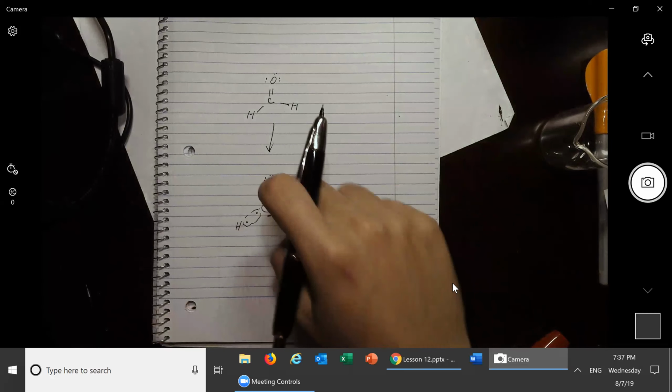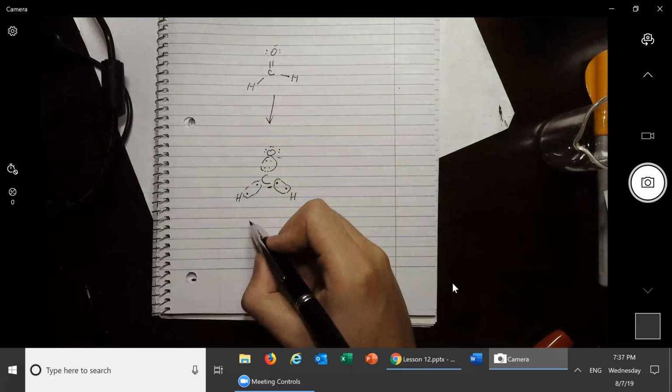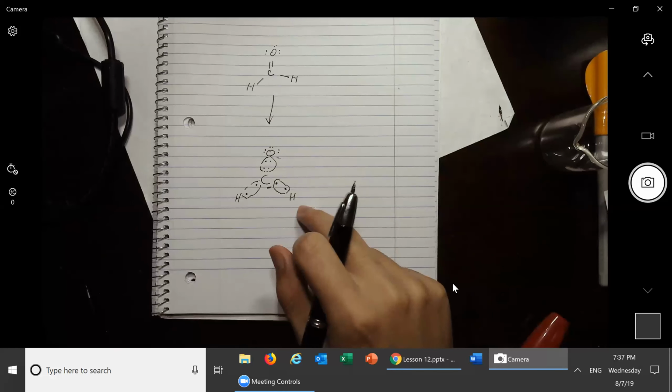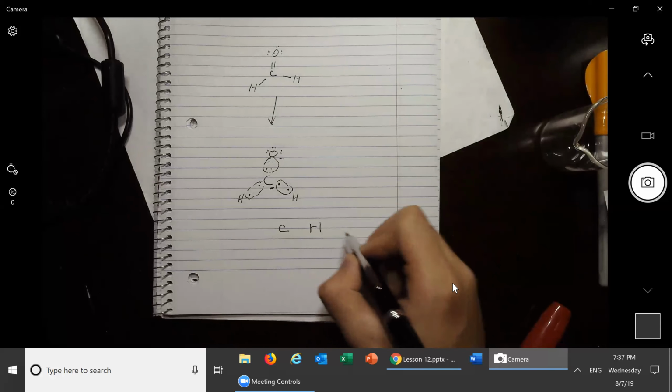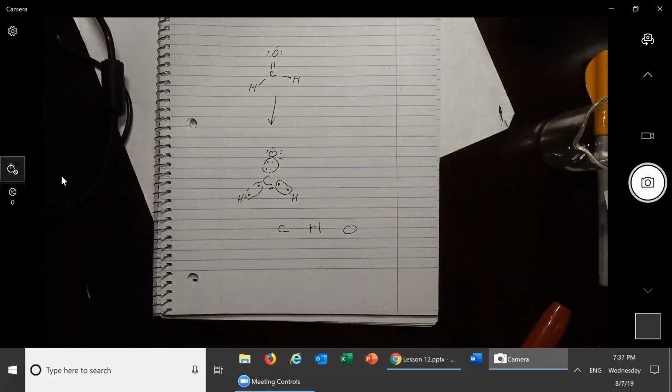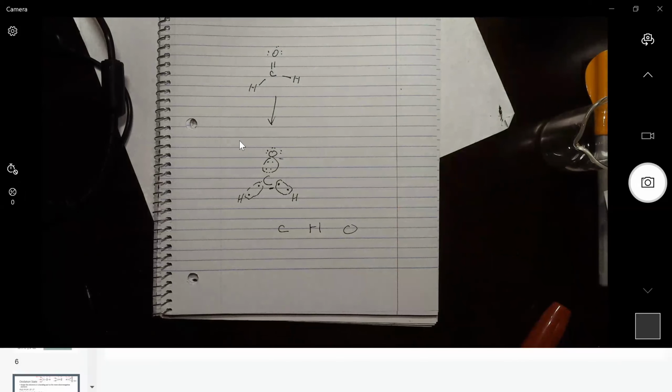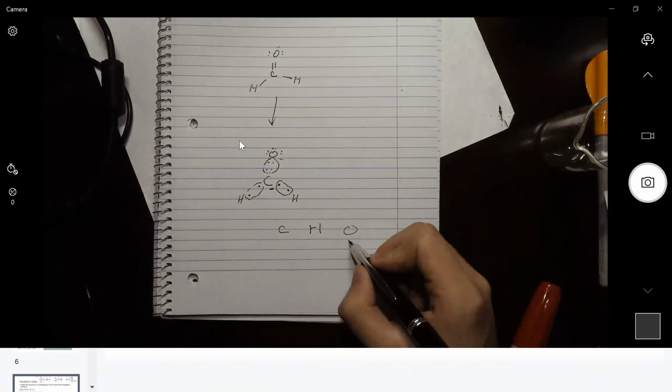So what's the most electronegative element in formaldehyde? Your options are C, H, and O. Rank them from most to least electronegative. Great, so oxygen is the most electronegative.